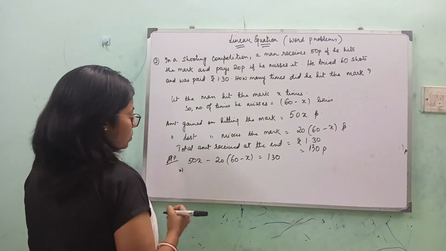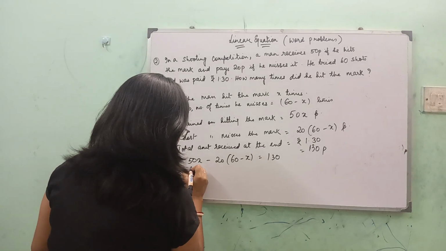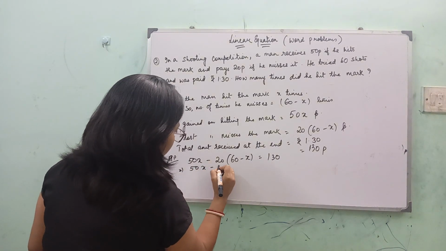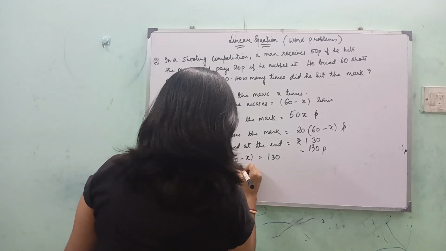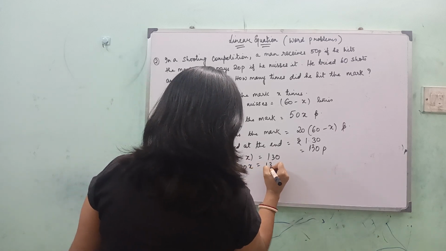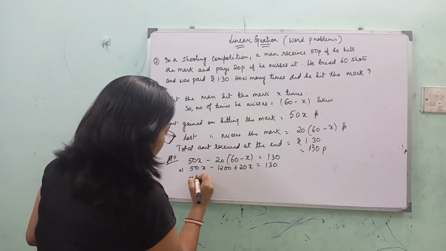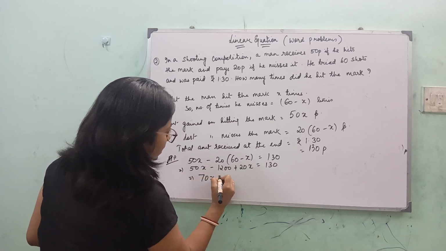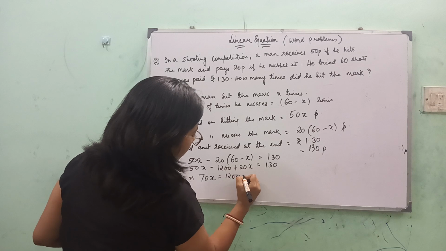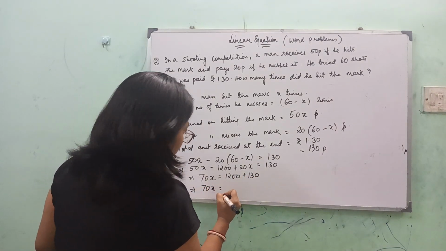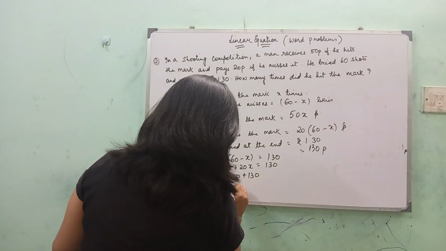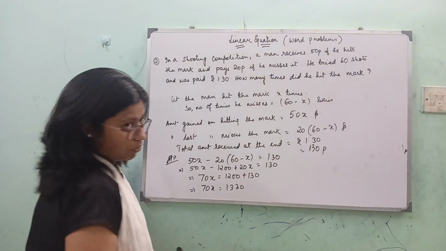Okay, so simplifying it now, 50x minus 1200 plus 20x is equal to 130. So 50 plus 20 is 70x equals 1200 plus 130. So 70x equals 1330.